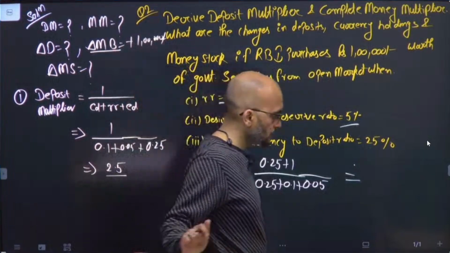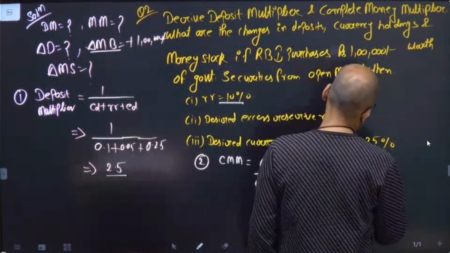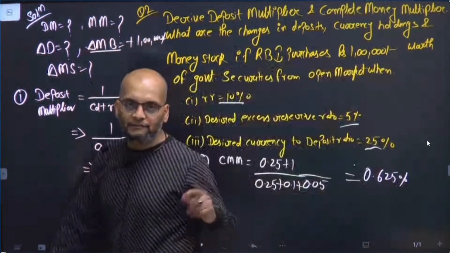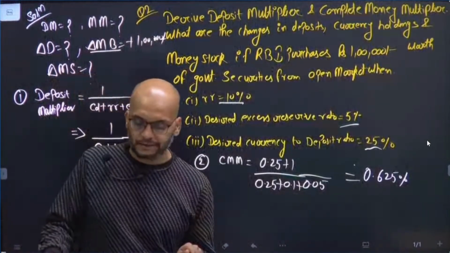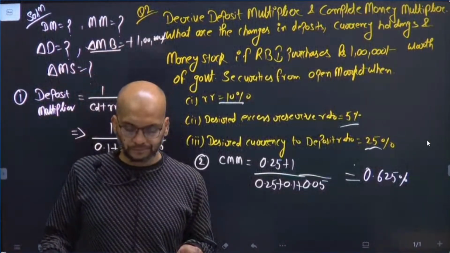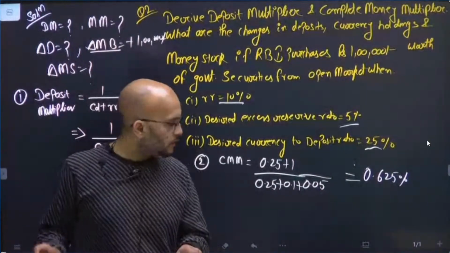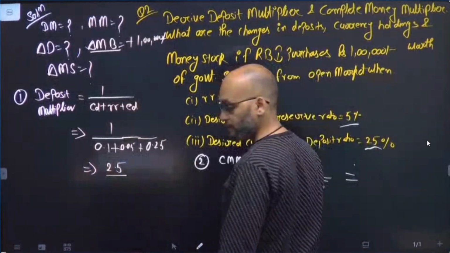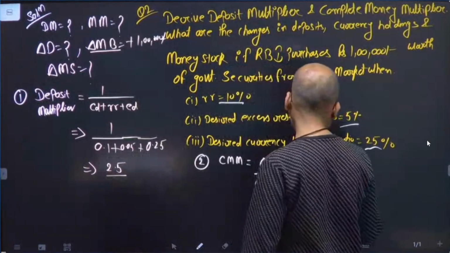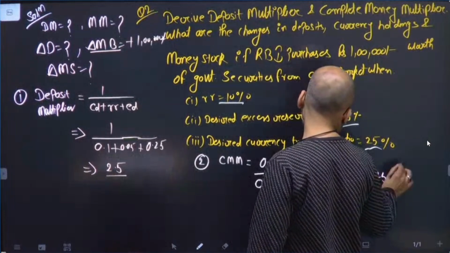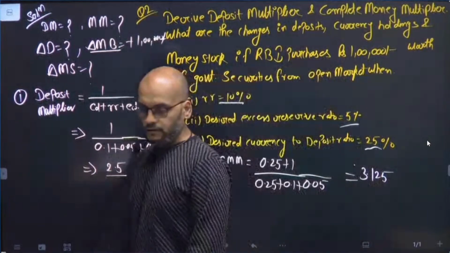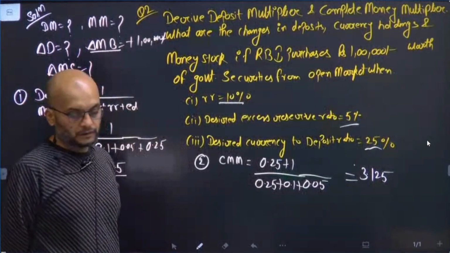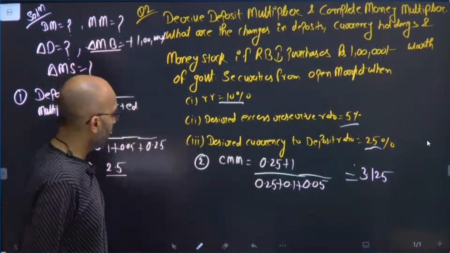Okay, 0.625. Guys, in the data I wrote 2.5 in haste. It is 25%. And this will come out as 3.125. Okay. Fine. Now I'm erasing. I'm doing other parts.